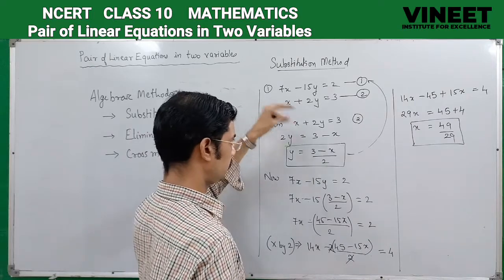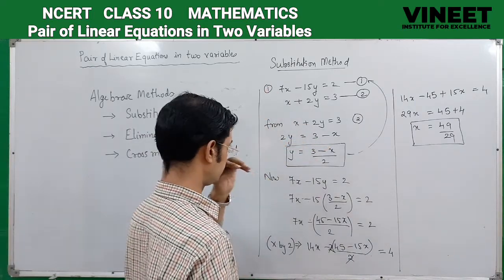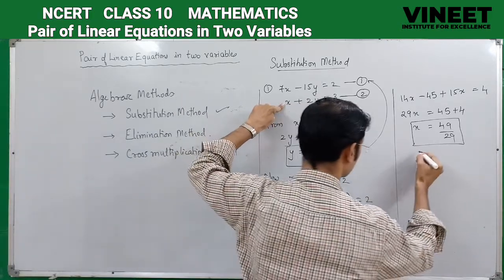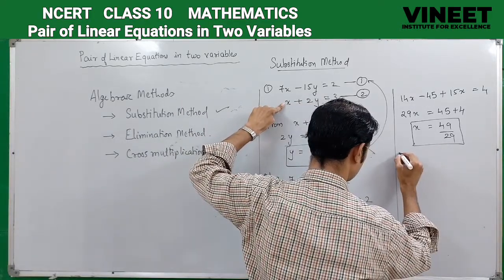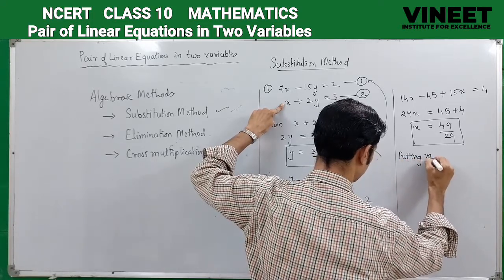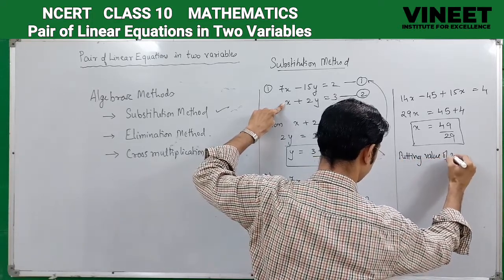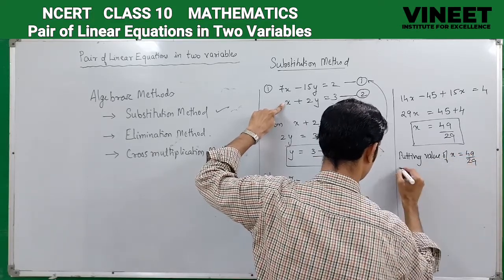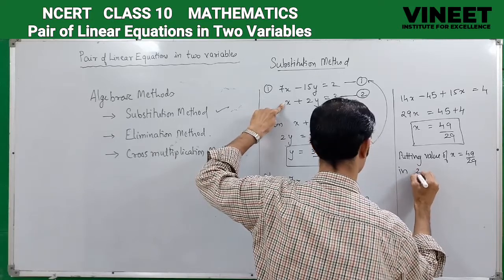I feel equation 2 would be simple, so putting the value x equal to 49 by 29 in equation 2.